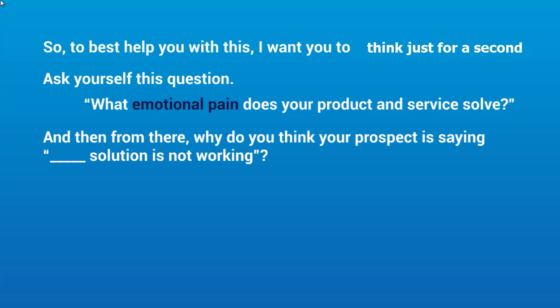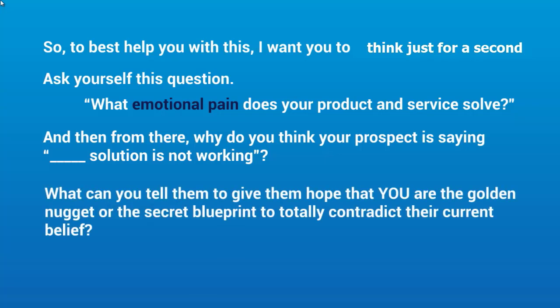So, if you have a product that will help them, or you have a guideline or system that would help them lower the cholesterol by resorting to natural avenues rather than pharmaceutical drugs, then you can tell them that. You can motivate them through that. So, again, what can you tell them that will give them hope? You can tell them, even though this is the mindset that you're having, you can totally contradict that mindset. And you can bring in the golden nugget or the secret blueprint that you discovered to help them find that solution.